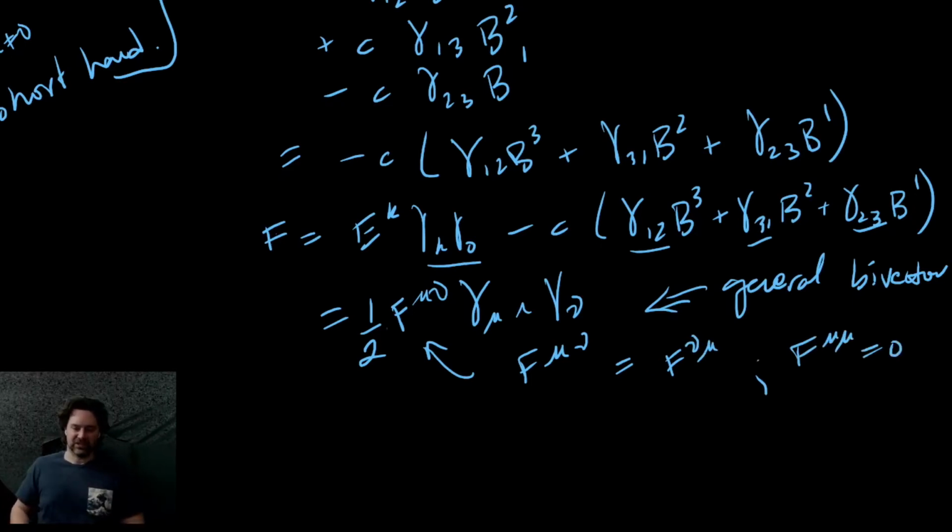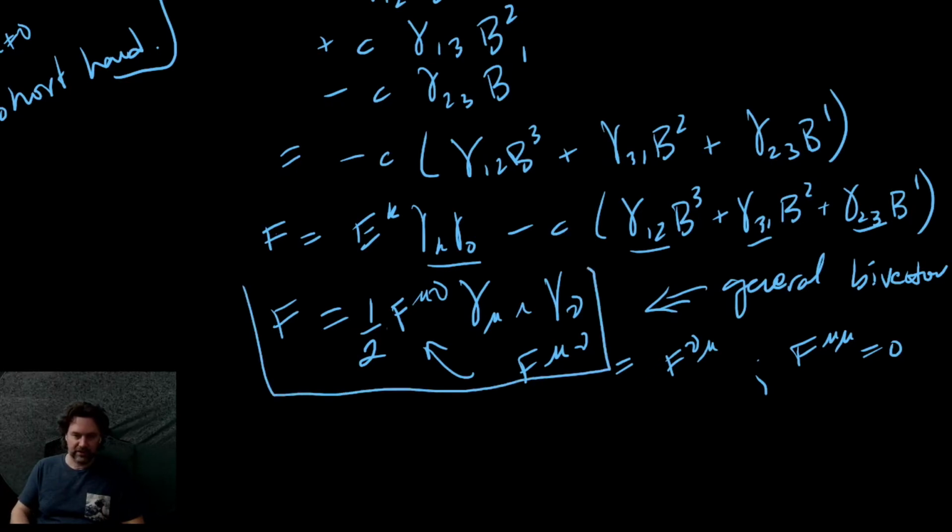But we actually need F^{μμ} equals 0 because that will be killed by the wedge product anyways, but it's convenient and conventional to write F^{μν} as an anti-symmetric tensor with 0 trace. So this is our representation of F. So we write F now.